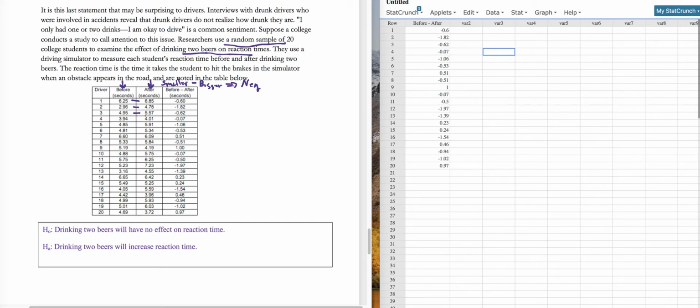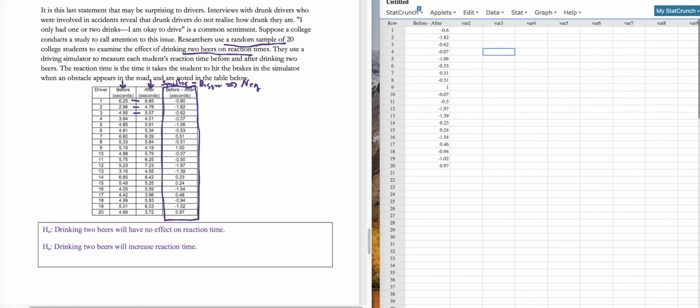Once we put all of our data together, this single column of differences becomes our sample data and is representing the population data that we're trying to make conclusions about. Even though we have 2 populations to begin with, the population of before times and the population of after times, what we're really concerned with is the single population of the differences in those times.